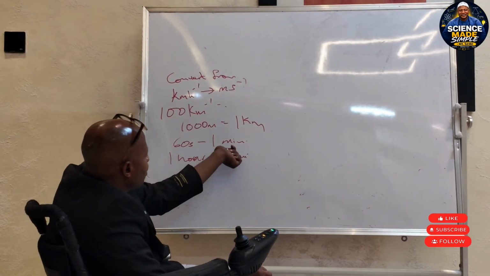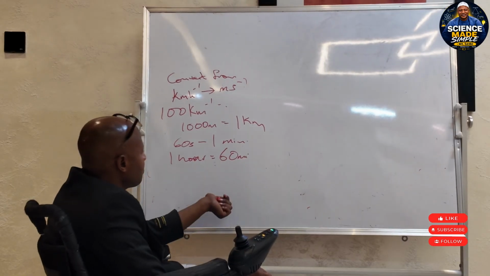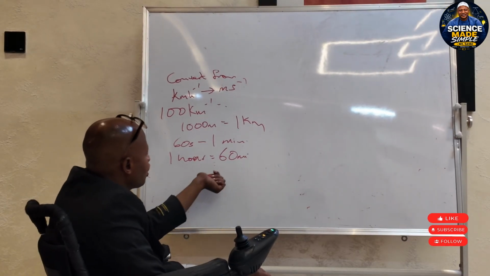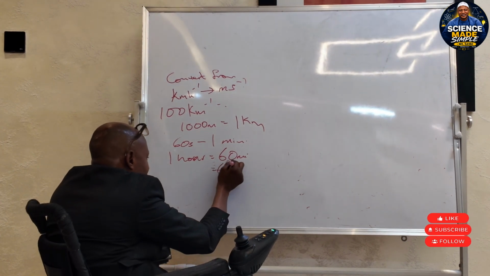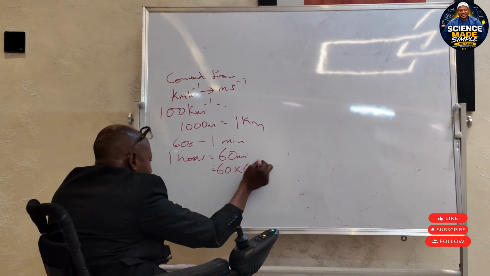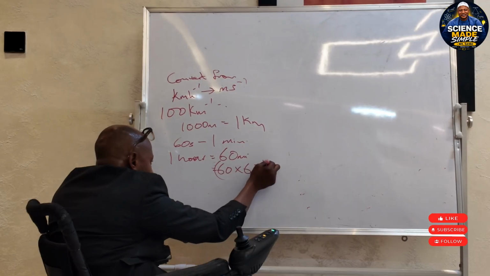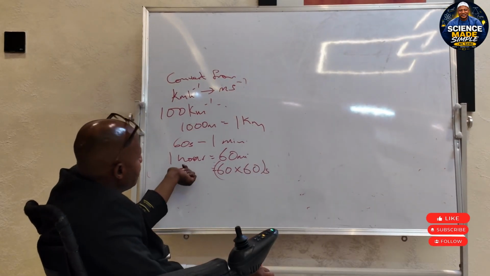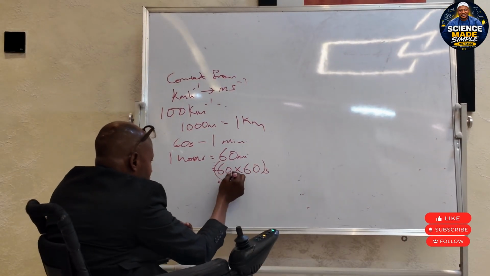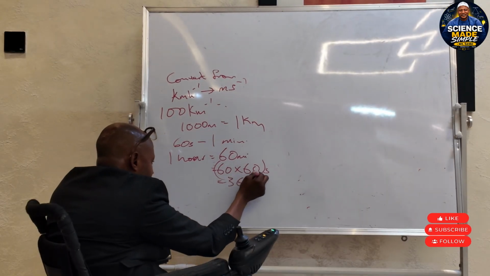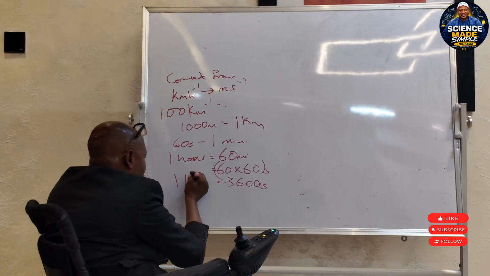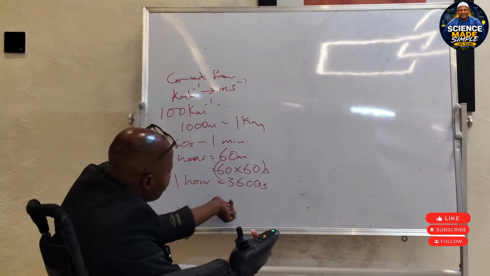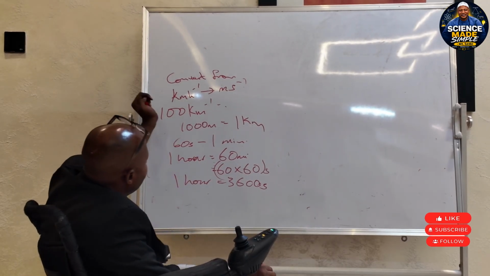Since 60 seconds make 1 minute, how many seconds make 1 hour? It will now be 60 times 60 seconds, which is equal to 3600 seconds. That is, our 1 hour is equal to 3600 seconds.